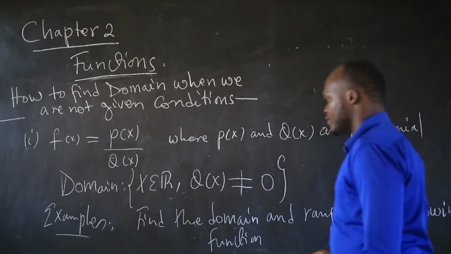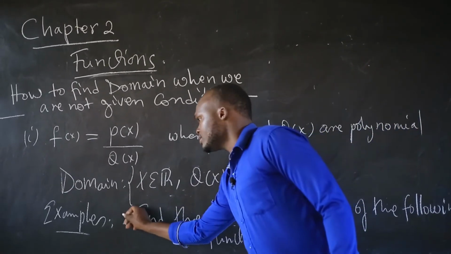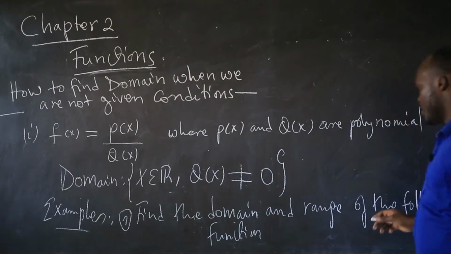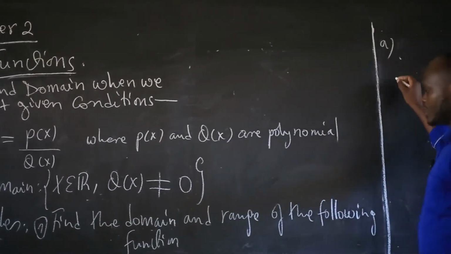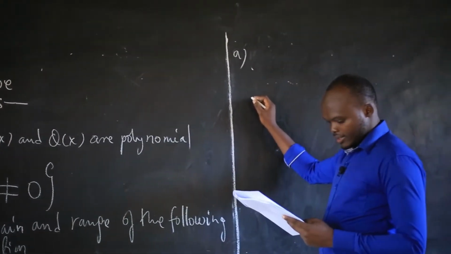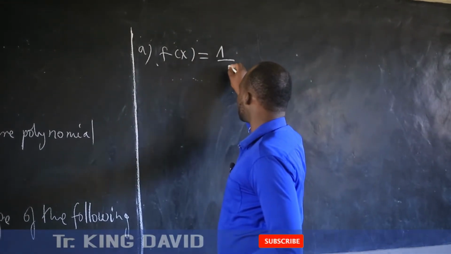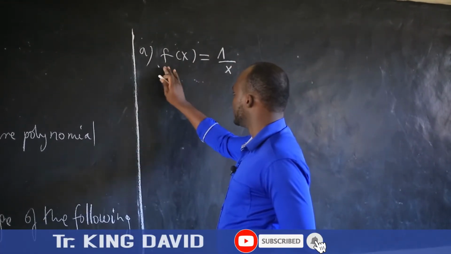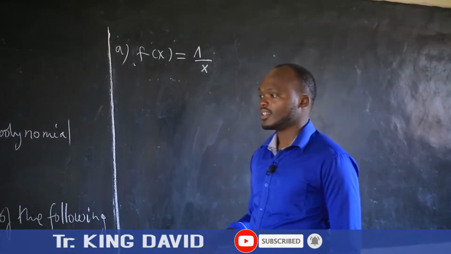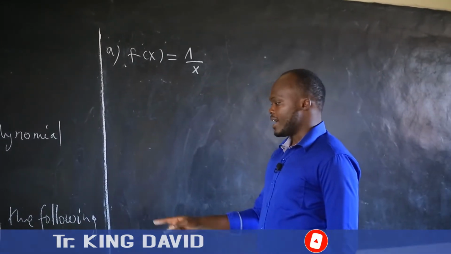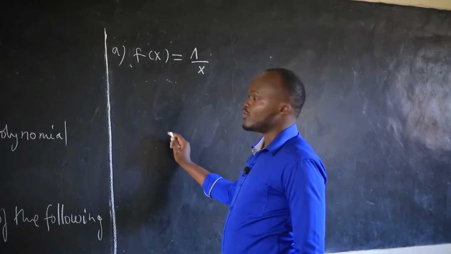So this is number 1. We have A. Number 1A is f of x equals 1 over x. B, let's first do A. Find the domain and range of the following functions.